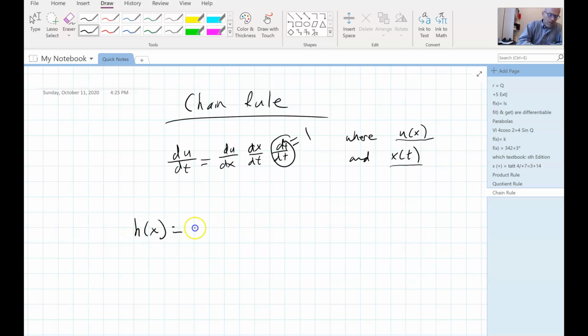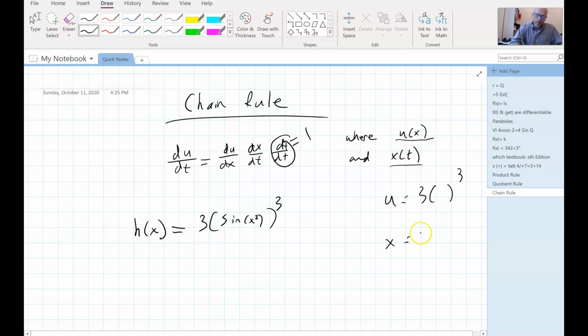So let's go there. Let's say that we have f of x is equal to 3 times sine of x squared, all to the third. So this is what we're talking about. The u in this case might be 3 times something cubed, and the next layer would be like sine of something, and then there's actually more layers than we have here.